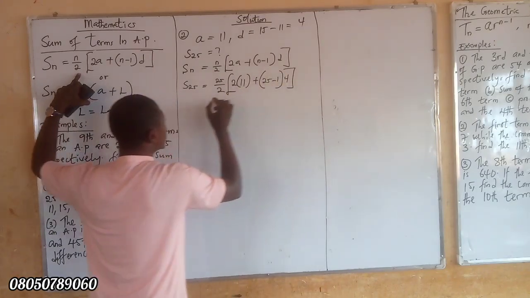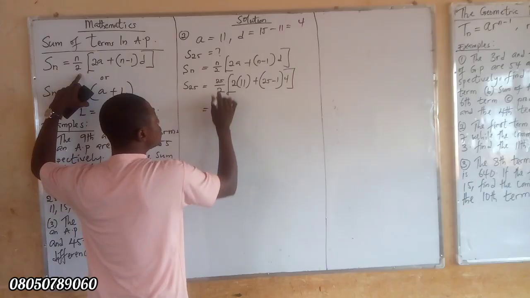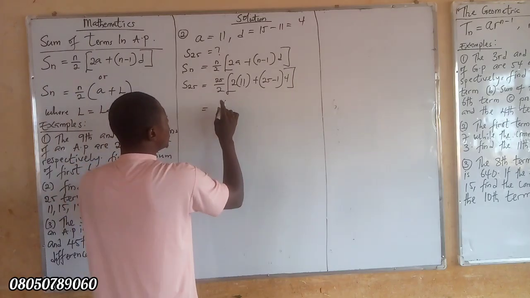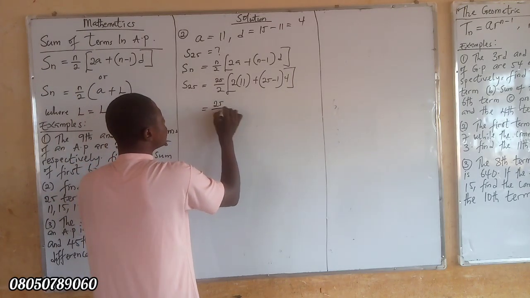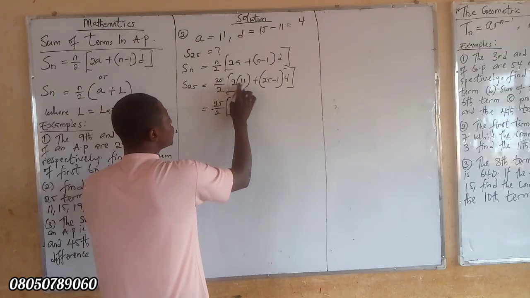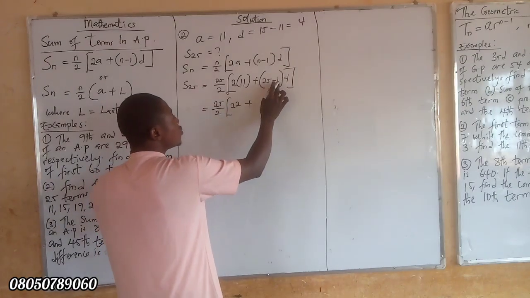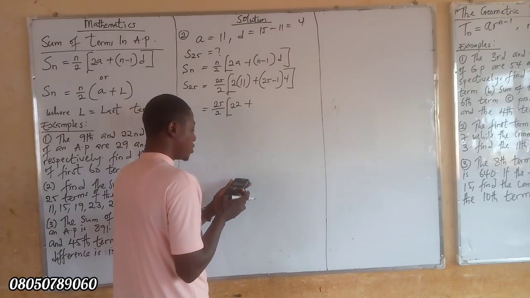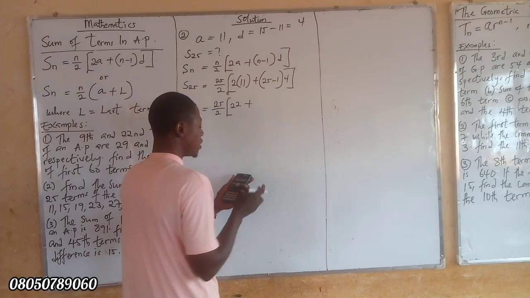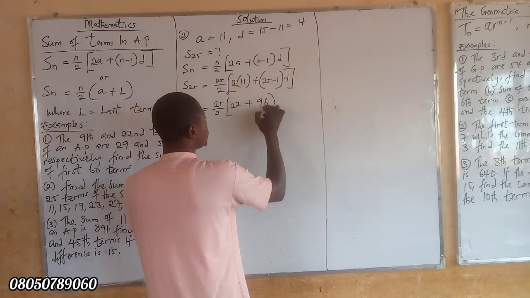So to have the bracket closed, this is going to be 25 divided by 2. We still leave it as 25 over 2, all in bracket of 2 times 11, which is 22, then plus 25 minus 1, which is 24. So 24 times 4 is 96.